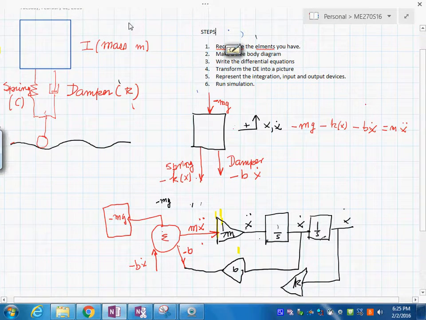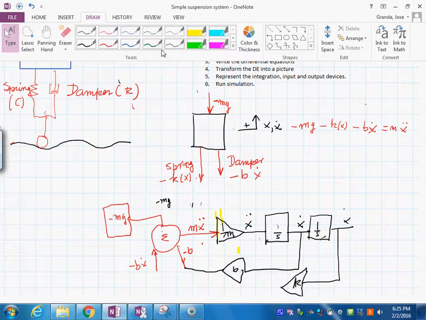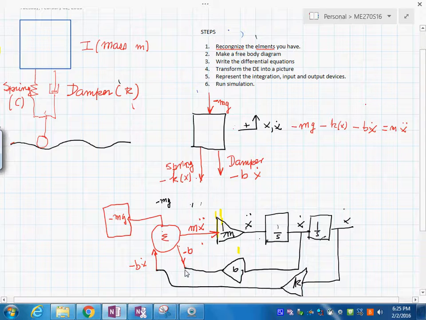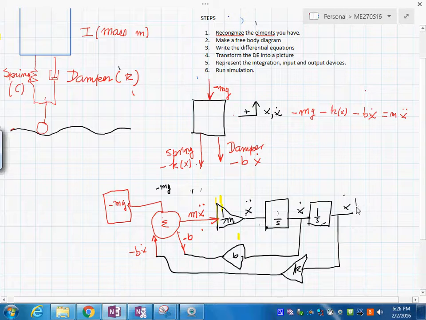One, no, it's already done. The last part of the connection needs to be improved. This one. Yeah. So now we have completed this model, and now we can put the scope in here so we can see it.